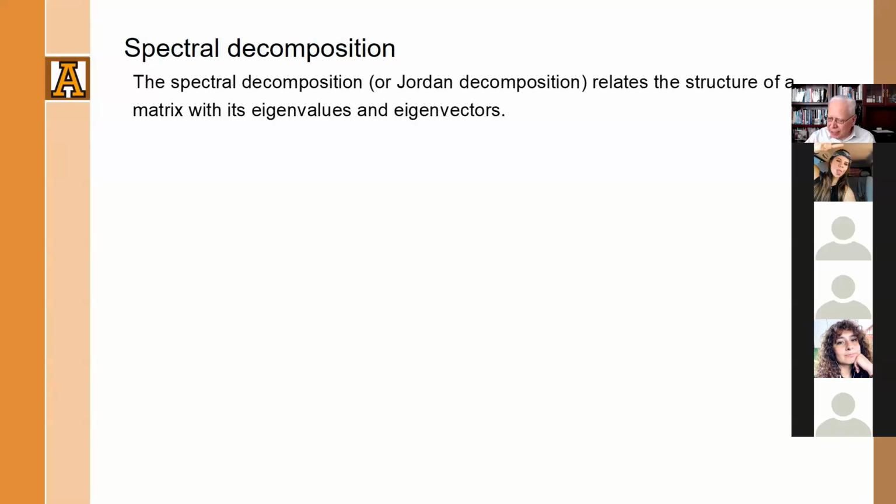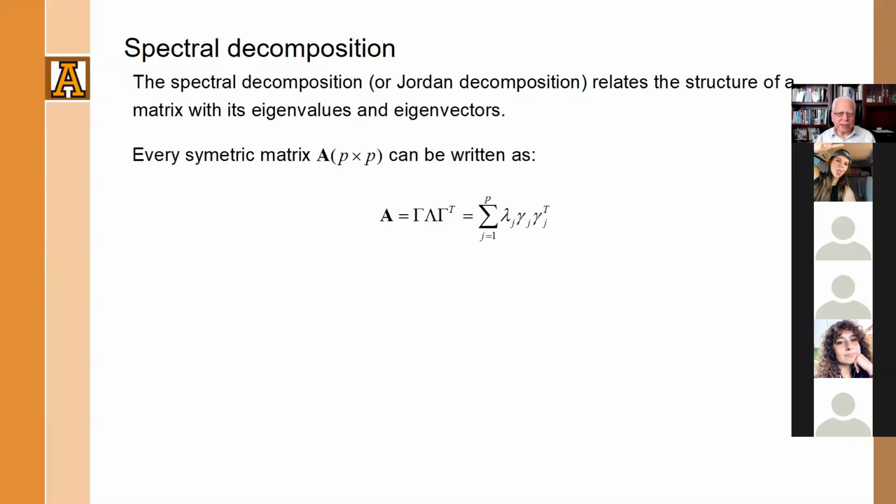Now, you also studied in linear algebra the spectral decomposition of a matrix, or Jordan decomposition. That decomposition relates the structure of a matrix with its eigenvalues and eigenvectors. What it says is, for every symmetric matrix A, which is P by P, we can express A as gamma, lambda, gamma transpose.